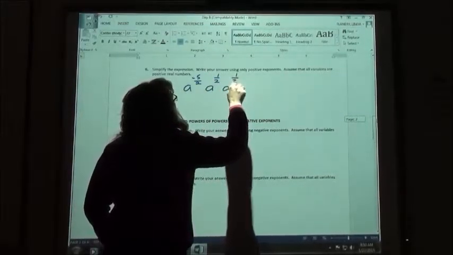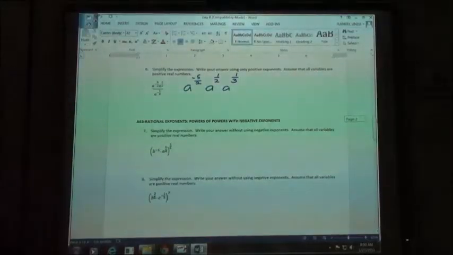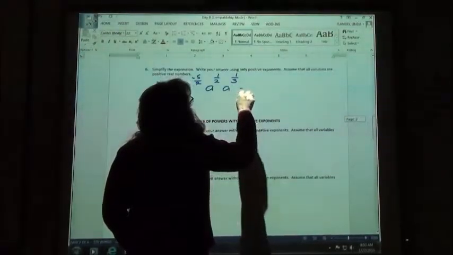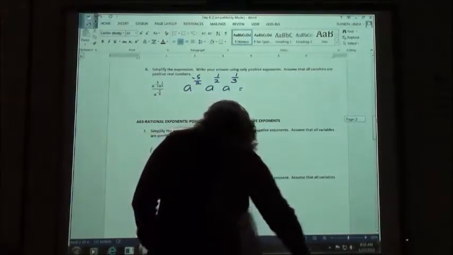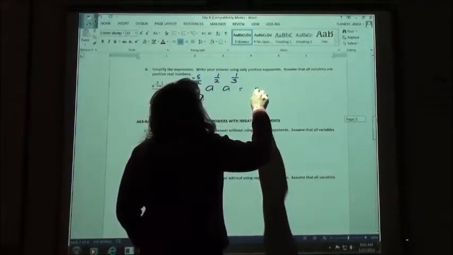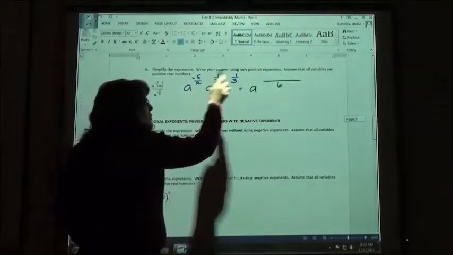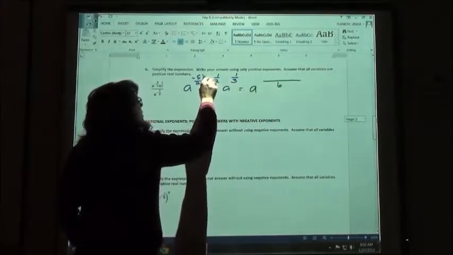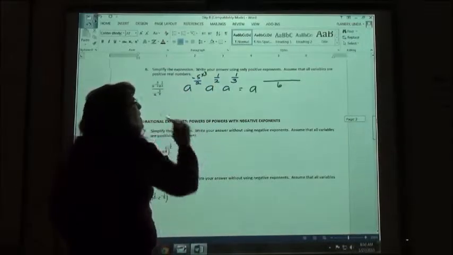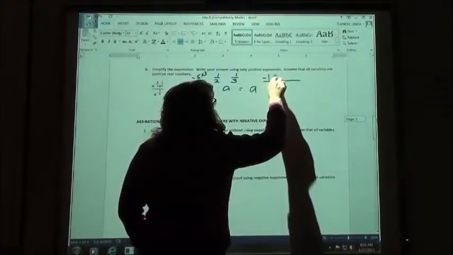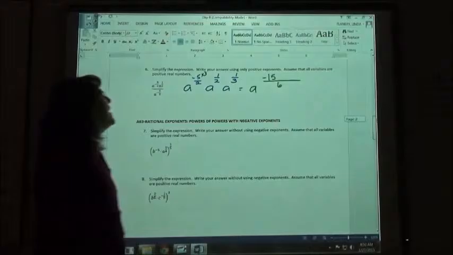A to the 1/3, exactly. So that 1/3 became positive instead of negative, and now I'm going to add my exponents. My common denominator would be 6. I'd say 6 too. And so, 2 goes into 6 3 times. 3 times that minus 5 is negative 15, yep.